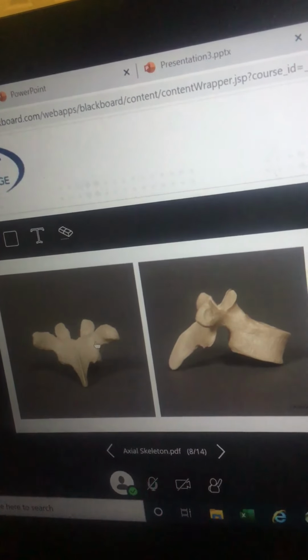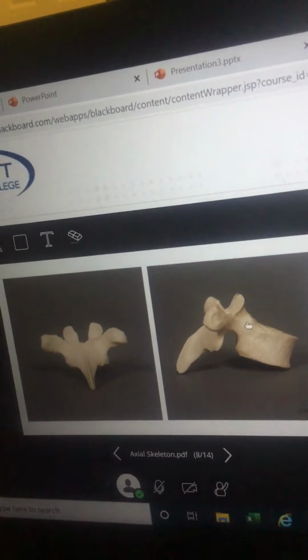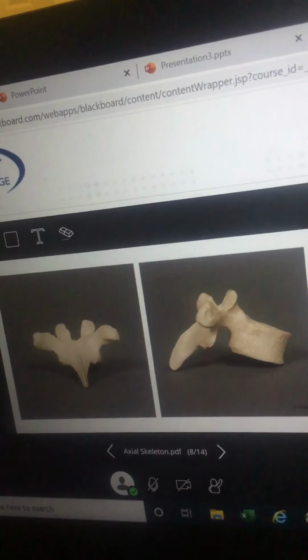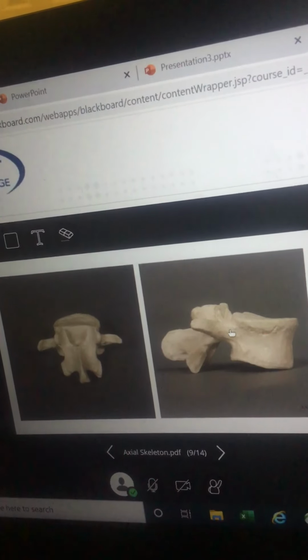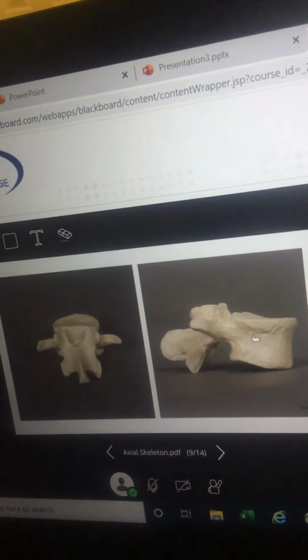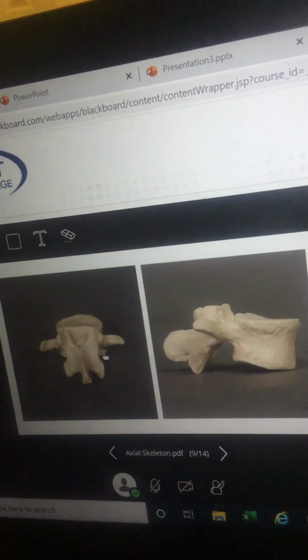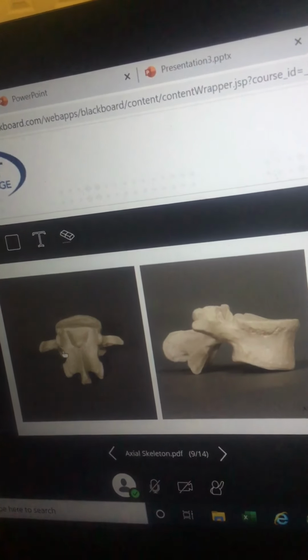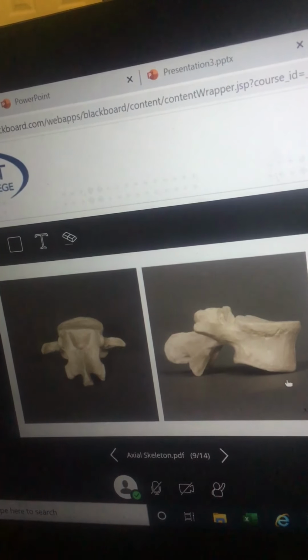Lamina is up front here. Lamina would be right in here. Pedicle is back here. On this one, pedicle is back here. Again, connecting the body to the spinous process. Pedicle is back here. Lamina, kind of hard to see on this one. Let's see if we've got a better view.